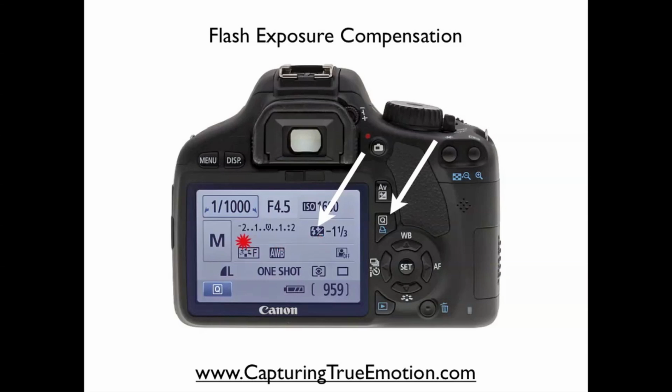You'll see a flash exposure level indicator that looks similar to this one, and you can decide whether you want to overexpose, underexpose, and in a sense what you're doing is you are powering your flash up or powering it down, making your light brighter or dimmer. Once you've decided exactly where you want it, hit set.